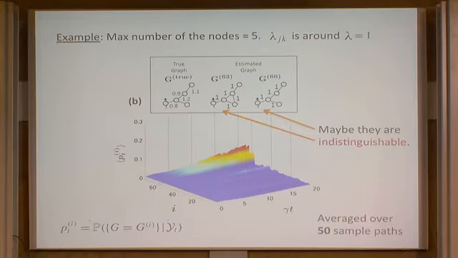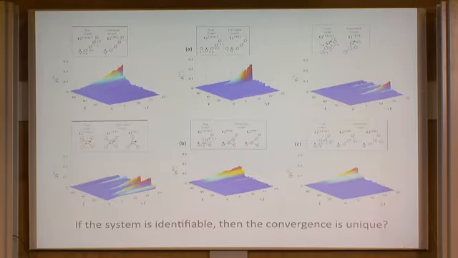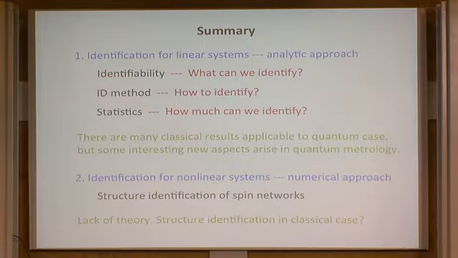If the true structure is given by this, then I guess we cannot distinguish these two graph structures, and therefore the trajectory does not converge uniquely. The interesting question is whether, if the system is identifiable, so we can distinguish all the graph structures, the convergence is unique. I don't know the answer. So anyway, this is a summary, and thank you very much.